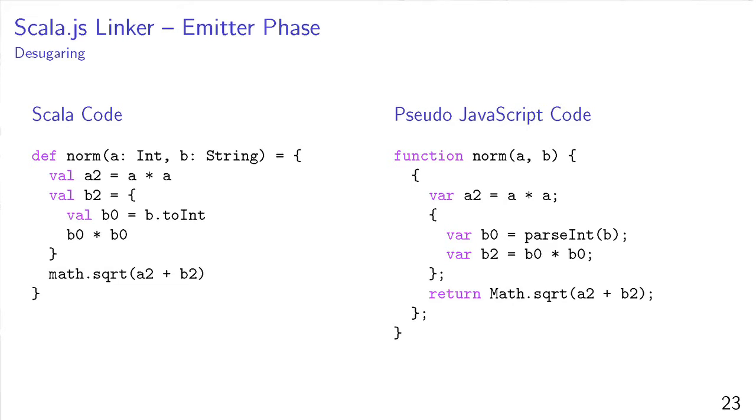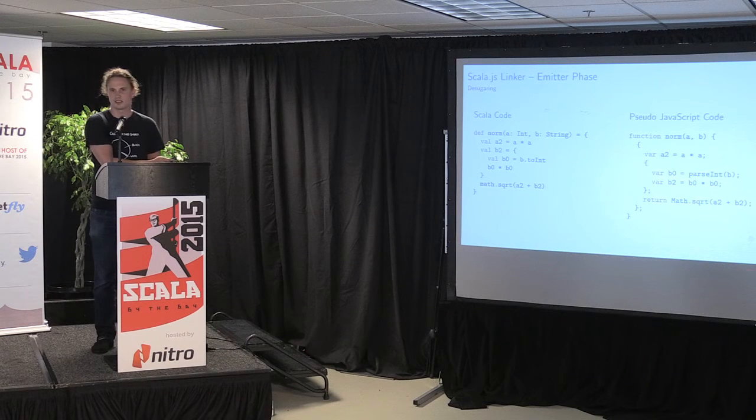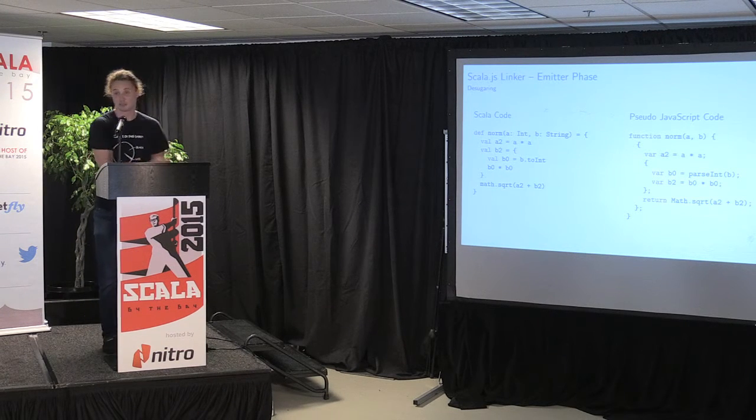Some of you might object to that and say, whoa, hold on, you changed the scope of B2. B2 is out here, so you could use it down here, and now you're pushing it into there. B2 is not even defined here anymore. What are you doing? This is JavaScript.